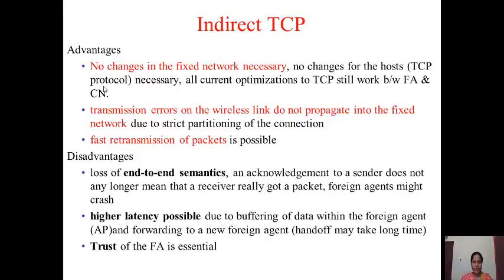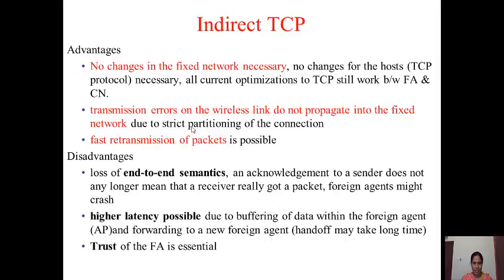When we look at the advantages, there is no change in the fixed network that we have to make. So no changes for the host, and the TCP protocol as such can be used. All current optimizations with TCP still work between the foreign agent and the correspondent node. We can also notice that transmission errors on the wireless link do not propagate into the fixed network because of the strict partitioning that we have seen.